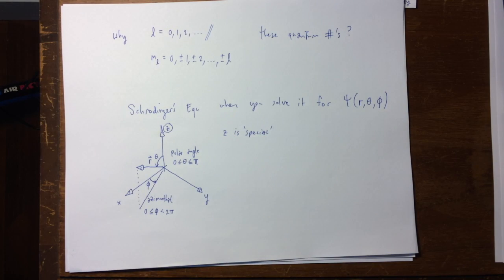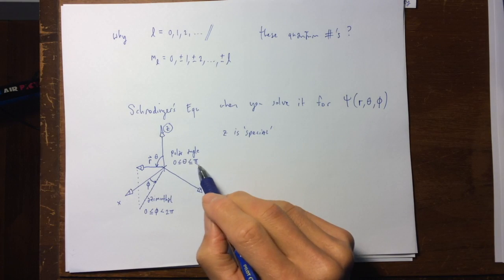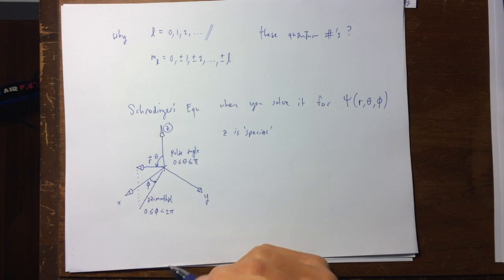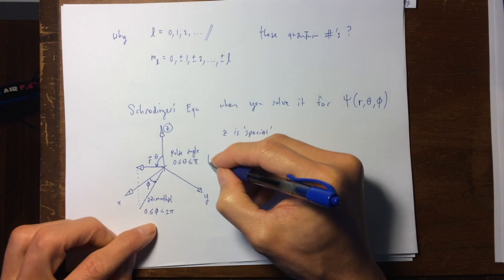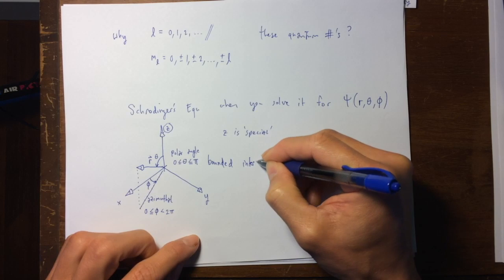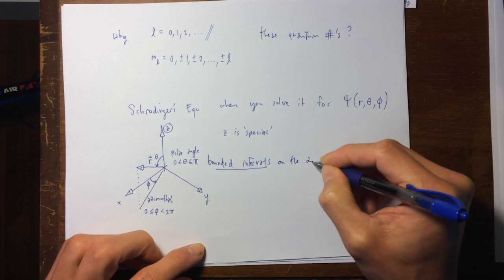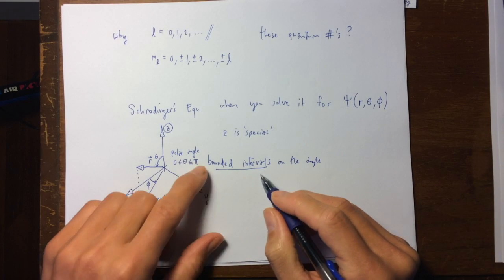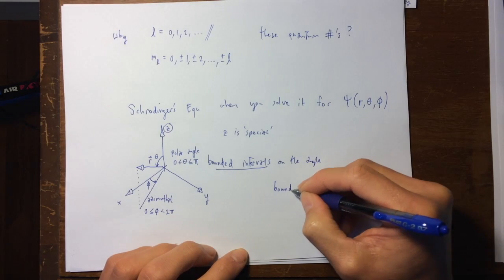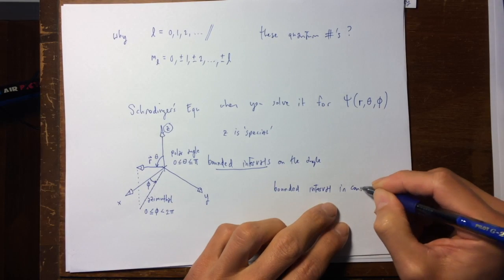So we don't need theta to be described outside of 0 to pi, and we do not need phi to be described outside of 0 to 2 pi. So these are bounded intervals on the angle, and when you have bounded intervals, it's really similar to a bounded interval in confinement.